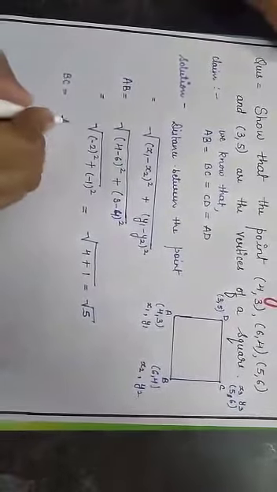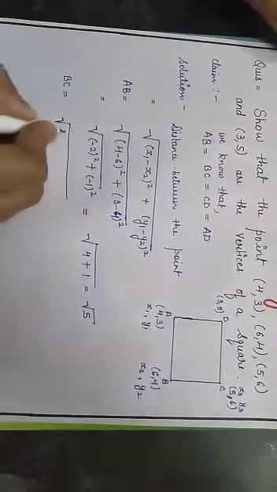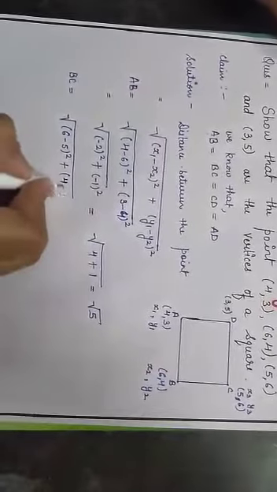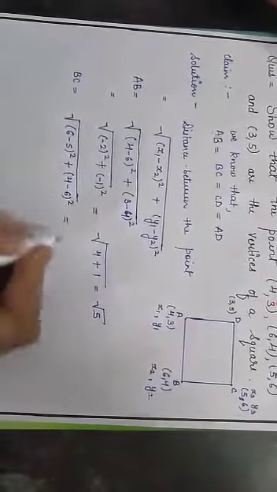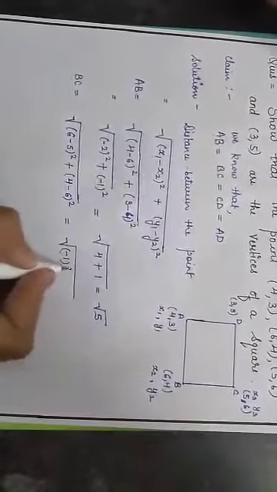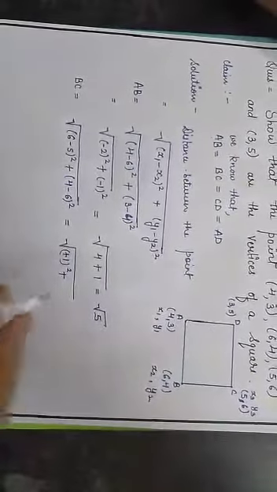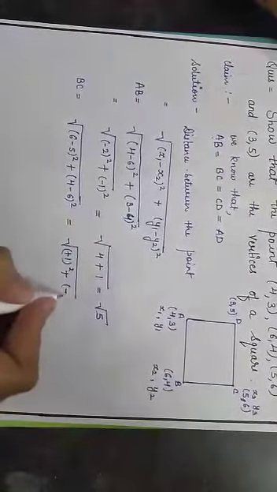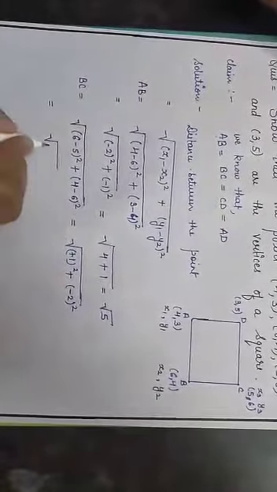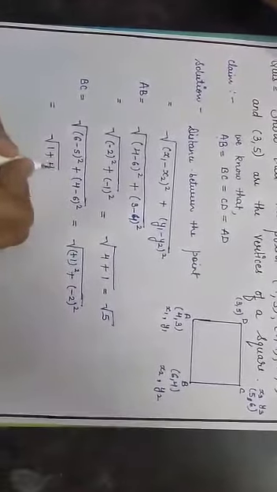Then putting the values in the formula, we have (6 minus 5) whole square plus (4 minus 6) whole square. 6 minus 5 is 1, so 1 square, plus 4 minus 6 is minus 2, so 2 square. Then we get 1 square is 1 plus 2 square is 4, which is root 5. So the length of BC is root 5.